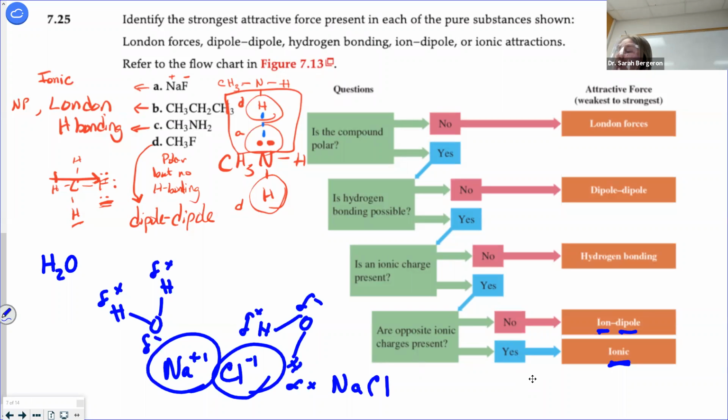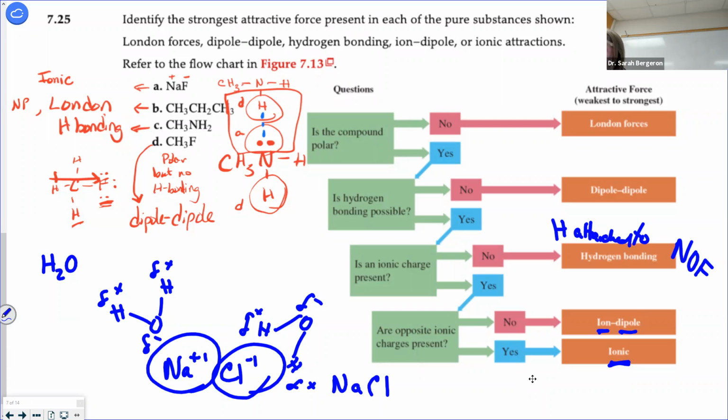What's the next weaker type of interaction? Hydrogen bonding. What is the definition of hydrogen bonding? Remember, it's no what? No fun. It is a hydrogen attached to nitrogen, oxygen, or fluorine that interacts with another electronegative atom of nitrogen, oxygen, or fluorine, right?